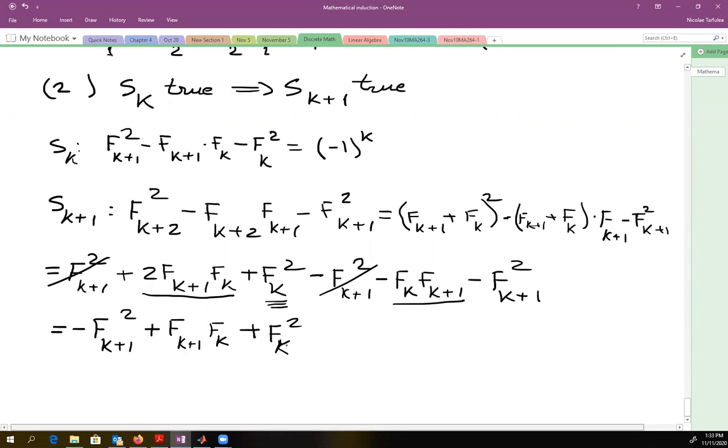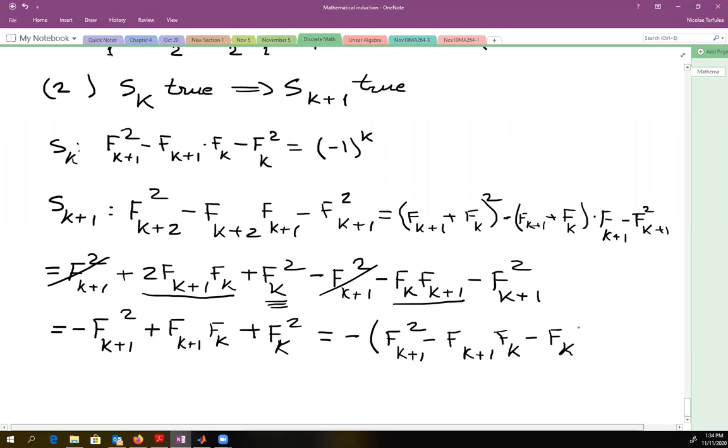It's just a calculation, right? So this equals, I can factor out negative 1, obviously, minus the quantity F_{k+1} squared minus F_{k+1} times F_k minus F_k squared.